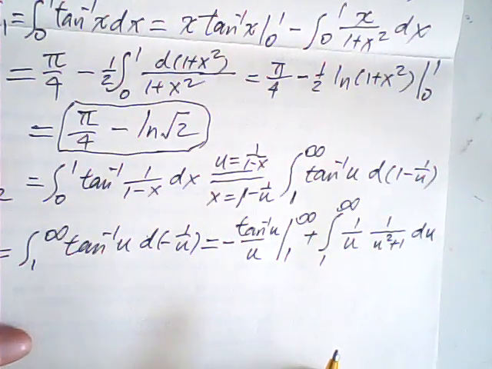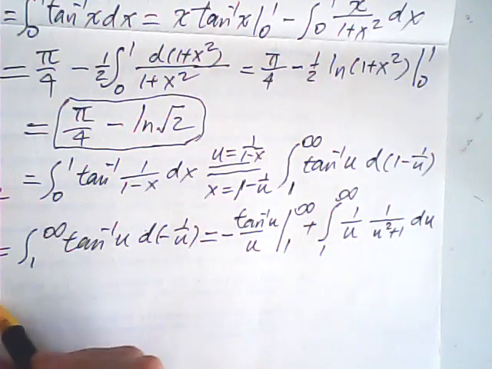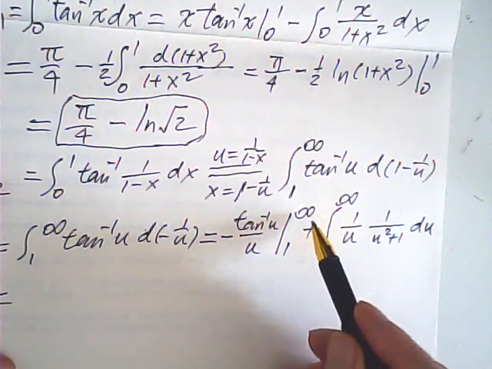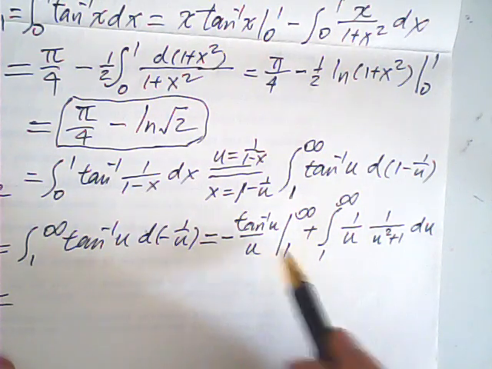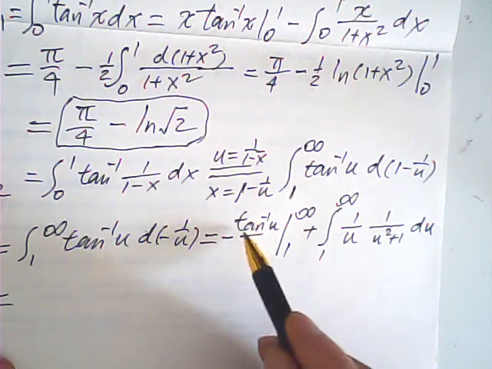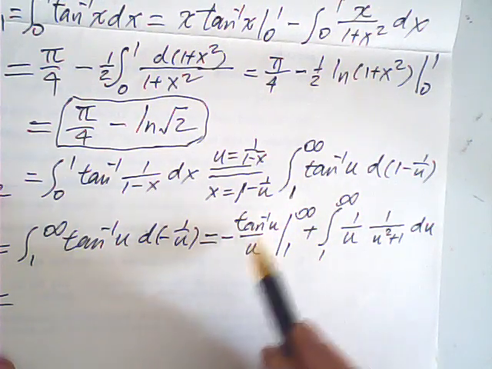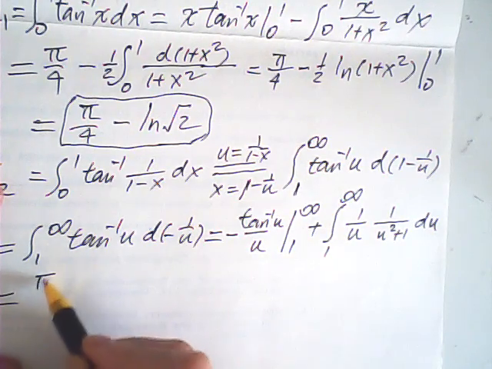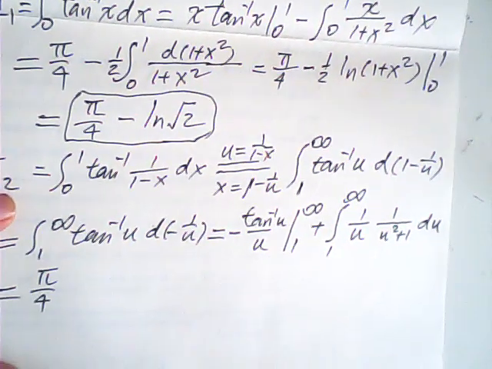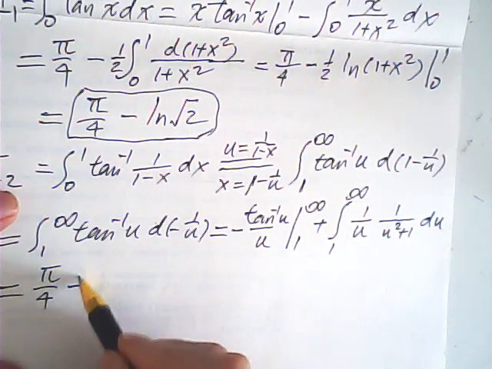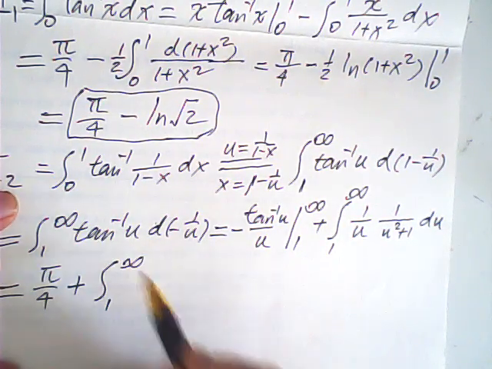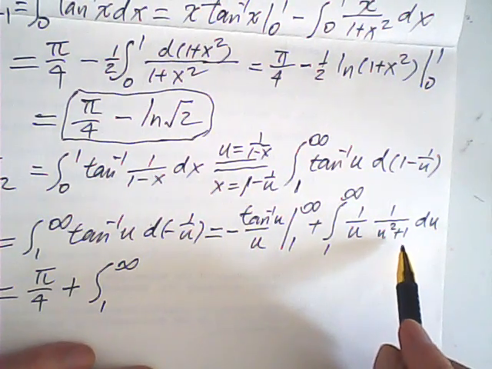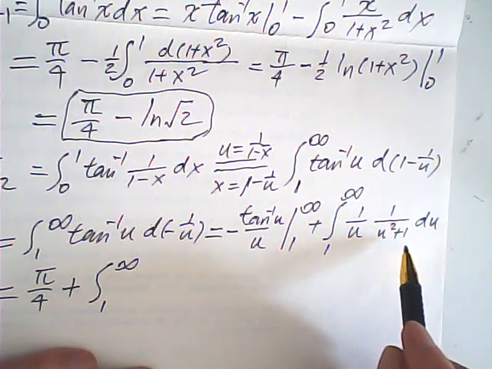Okay, good. This is equal to, now, this is infinity to 0, right? When x is 1, this is negative, negative again, quarter pi positive. This becomes positive quarter pi. For that one, we use the partial fractions, right?